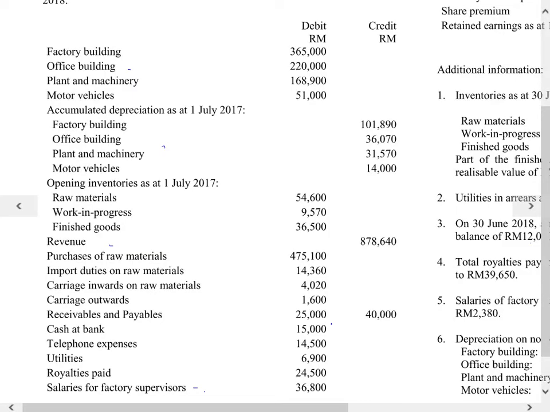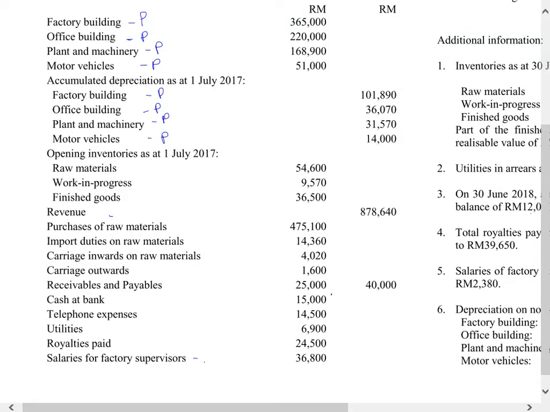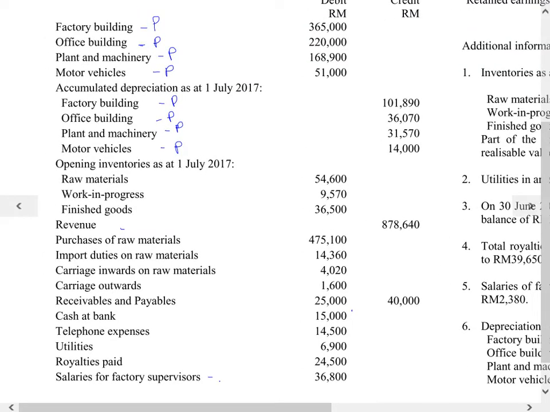SFP, SPL, or manufacturing? SFP, SFP. I got 4 assets here. Therefore, 4 accumulated. Opening raw mat. Opening raw mat. Manufacturing.